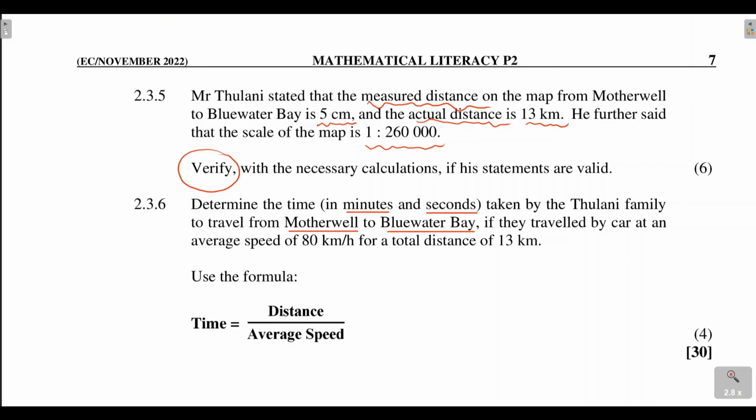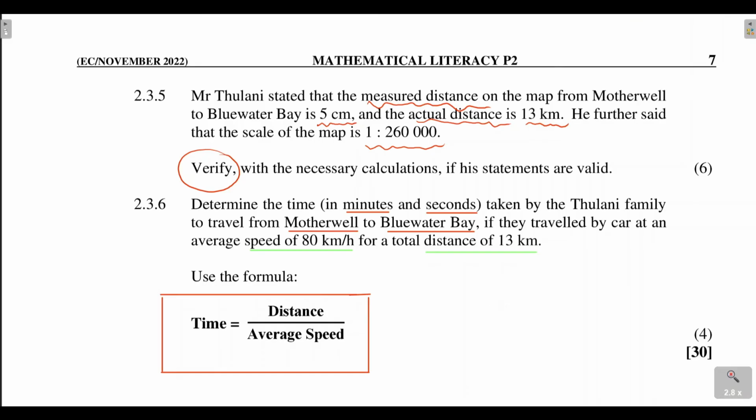So here we're given the speed, which is 80 kilometers per hour, and we're given the distance, which is 13 kilometers. And we're given a formula to help us determine the time that the Tulani family spent traveling from Motherwell to Blue Water Bay.